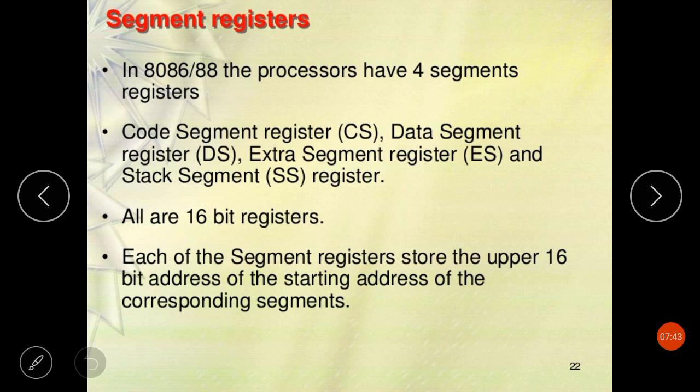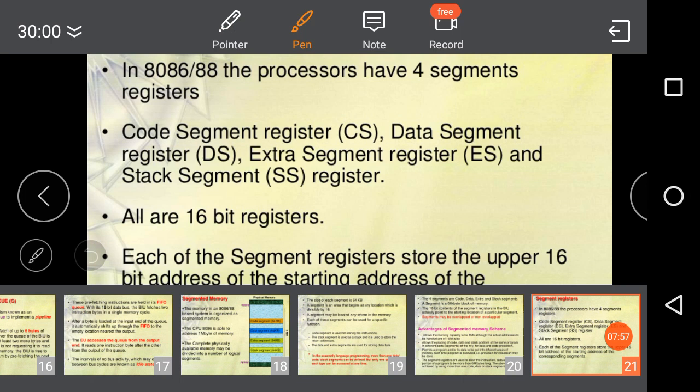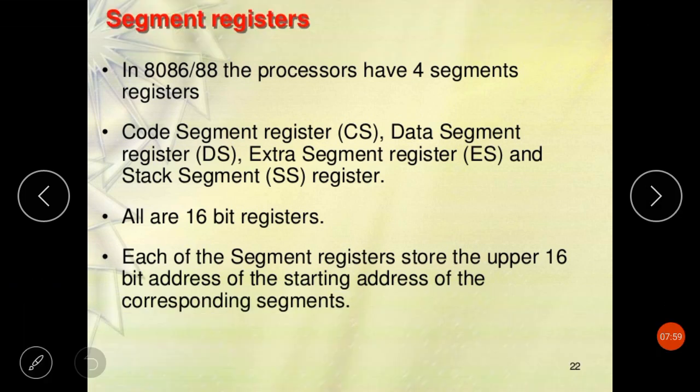For example, the value in the code segment register identifies the starting address of the 64 kilobyte segment known as the code segment. By starting address, we mean the lowest addressed byte in the active code segment. The starting address is also known as the base address or segment base.